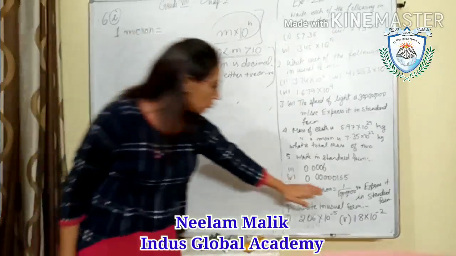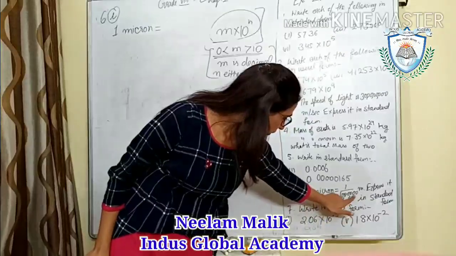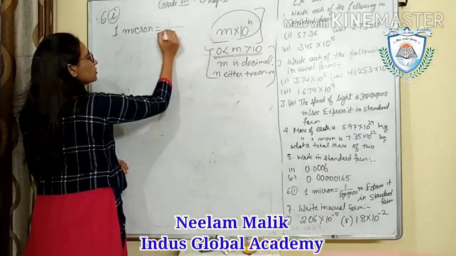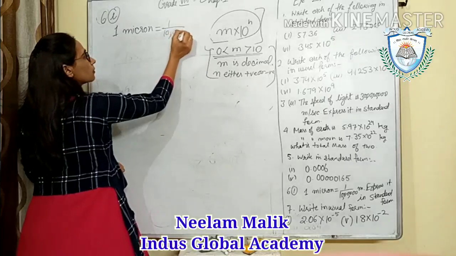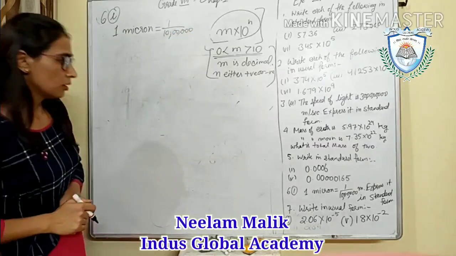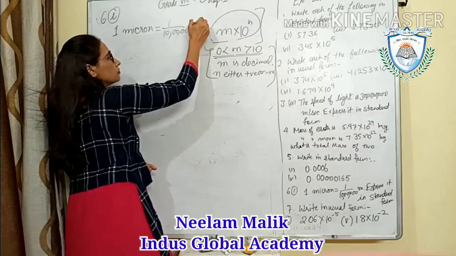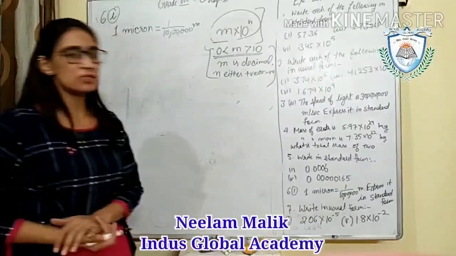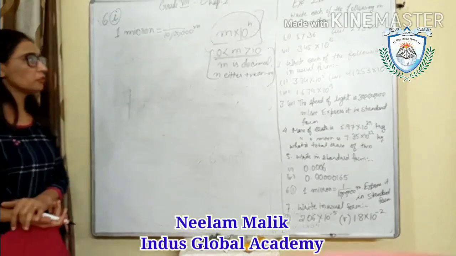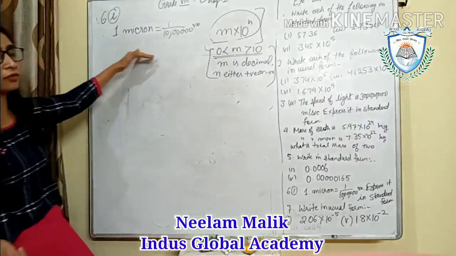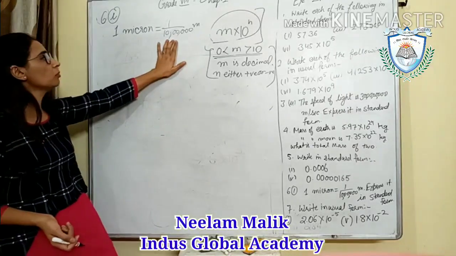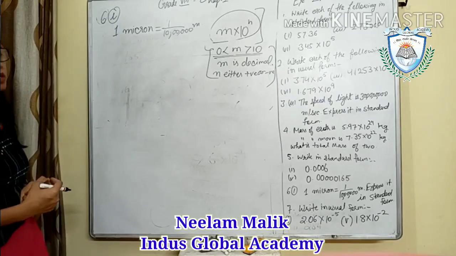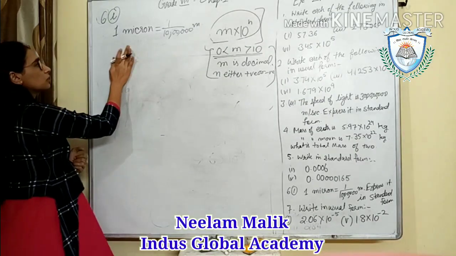1 micron is equal to. What is given? 1 upon 10 lakh is given, meter. Express it in standard form. We have to convert this into standard form. To convert into standard form, we need m, and we also need the power of tens.